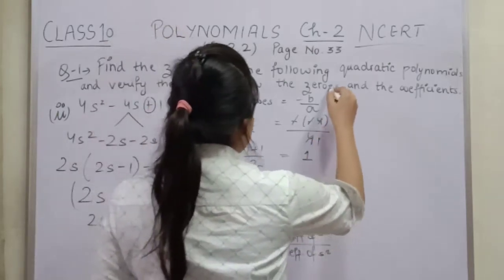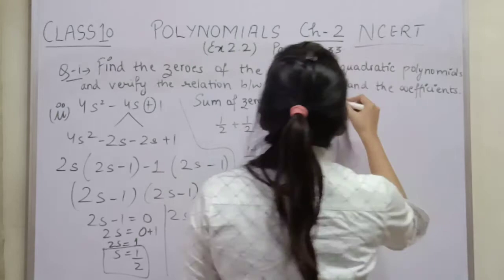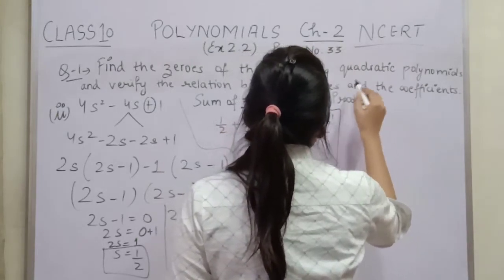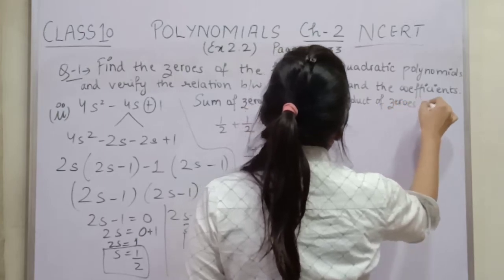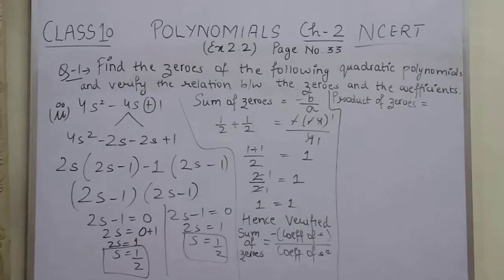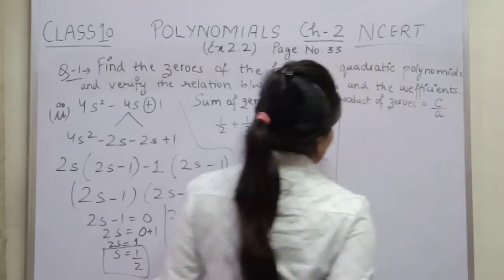So this was sum of zeros. Now let's talk about product of zeros. So product of zeros equals to c/a, right?